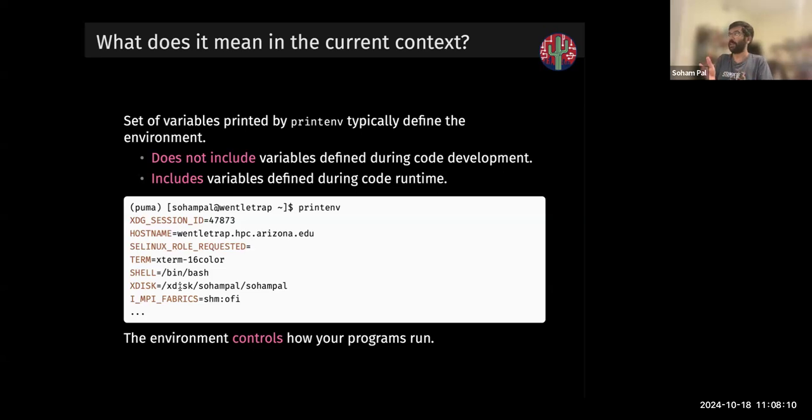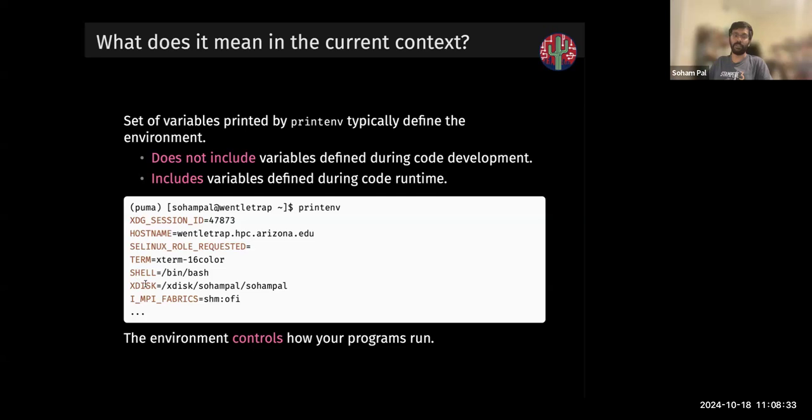These are not the variables that you define in your code, right? Say in your code you have some number x equal to 10, and then you have some p equal to x times 2, but those are not what I mean by environment variables. It is the variables that will affect the way your code runs.